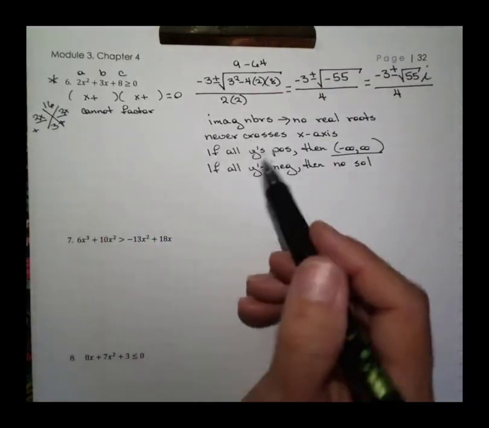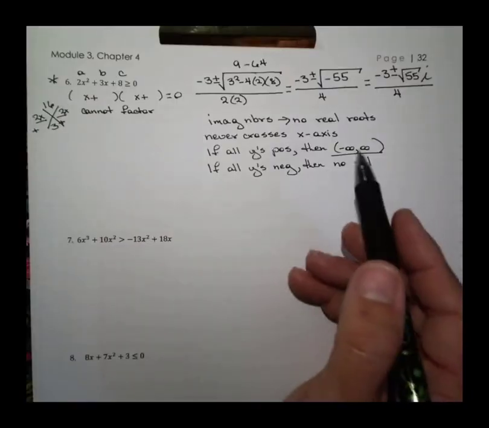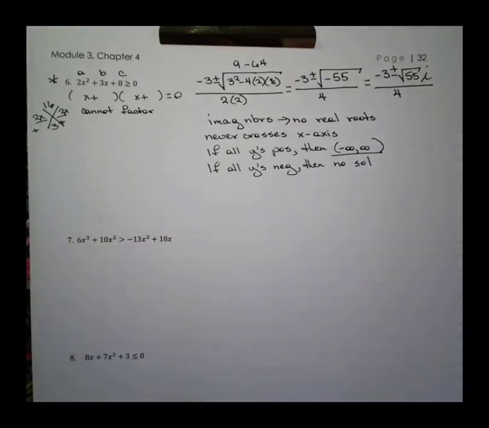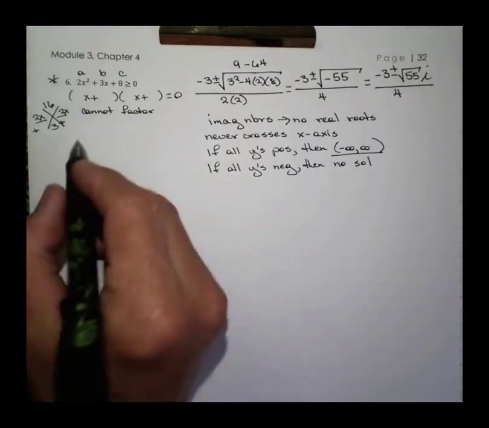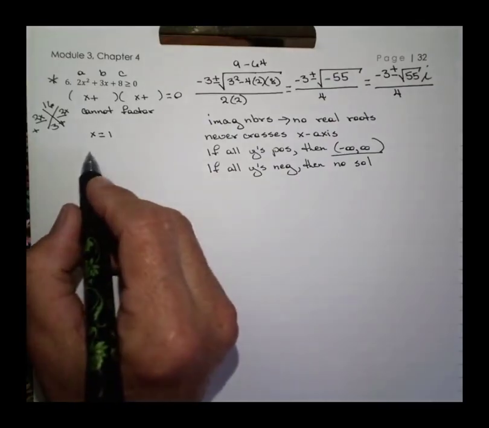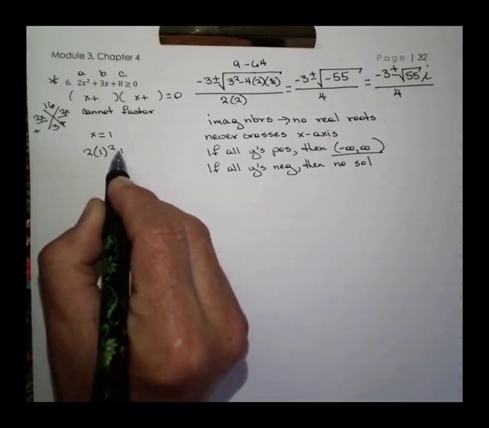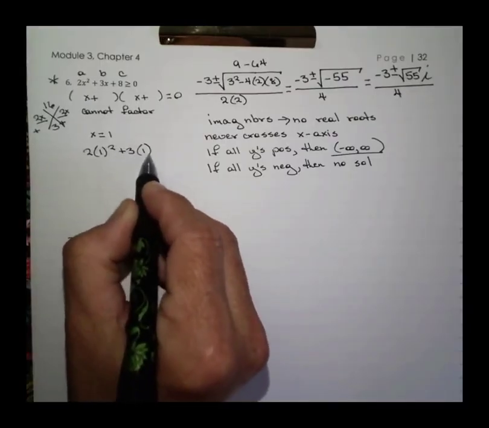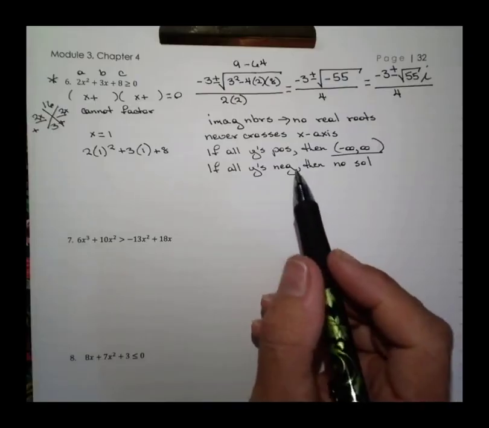Now, you could check it without the calculator by plugging in any number at all and seeing if it came out to be positive or negative. When I plug a number in, like, okay, let's try x equals 1, I would plug it into the original function, and I would say, well, that's 2 times 1 squared plus 3 times 1 plus 8, and all I need to know is is it a positive or negative number?